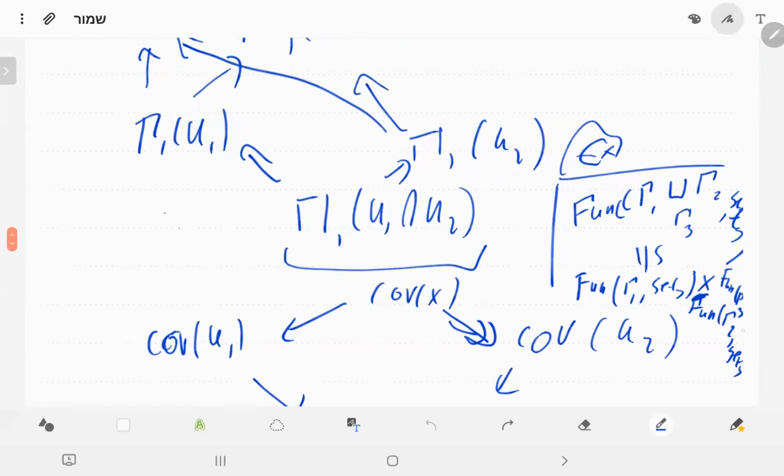I don't have place to write it. There is no Gamma 3, sorry. No, Gamma 3 is here. Here is Gamma 2, yes.